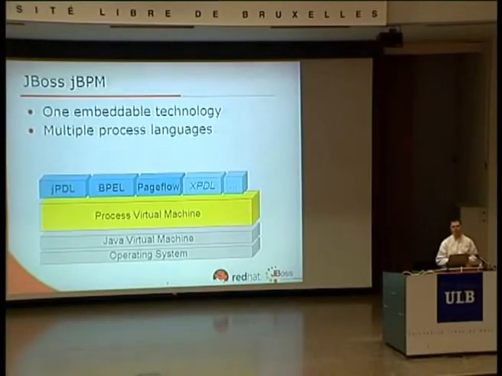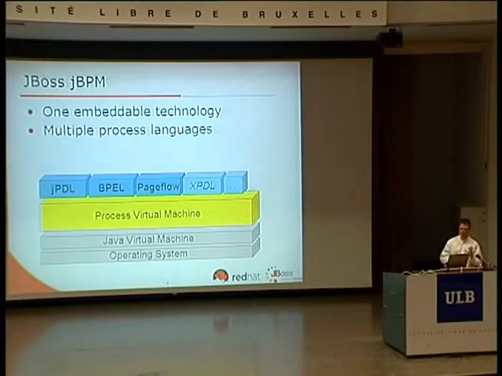Now let's look at JBoss jBPM. It's kind of a product, or actually it's a framework, or let's say a set of building blocks in plain Java, in which we implement various process languages. One of them is JPDL that we covered today.